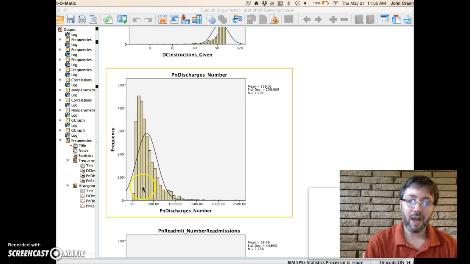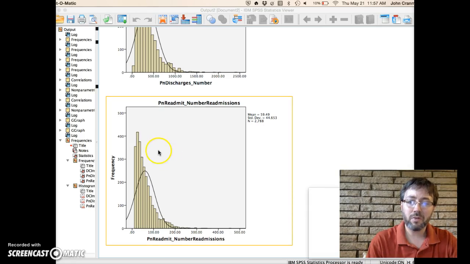The majority of observations on the number of pneumonia discharges is on the left, and then we have a right tail of observations that continues out to approximately 1,500, and there are a few observations all the way to just before 2,500. So these data are right skewed for the number of pneumonia discharges.